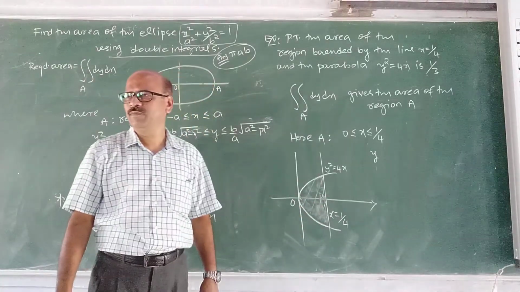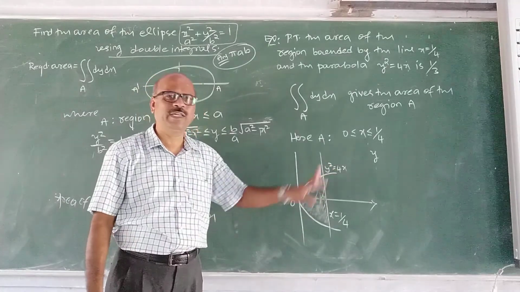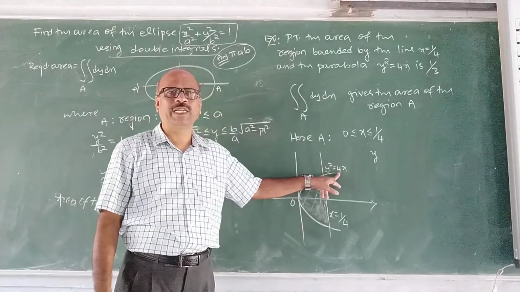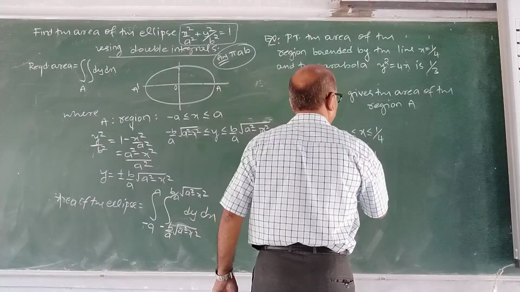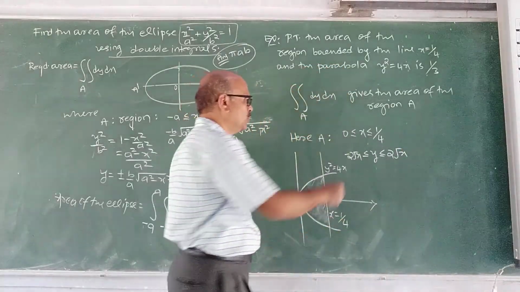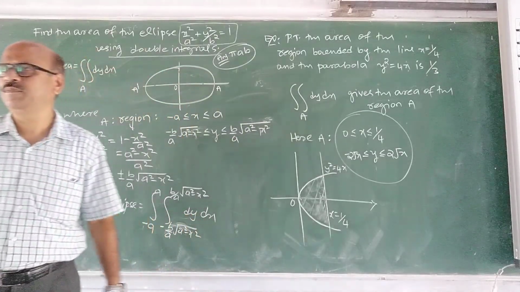Two boundaries are there. Solving y² = 4x, what do you get? y is plus or minus 2√x. So y varies from minus 2√x to plus 2√x.